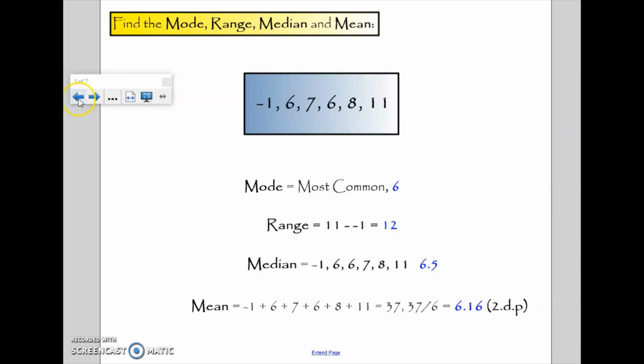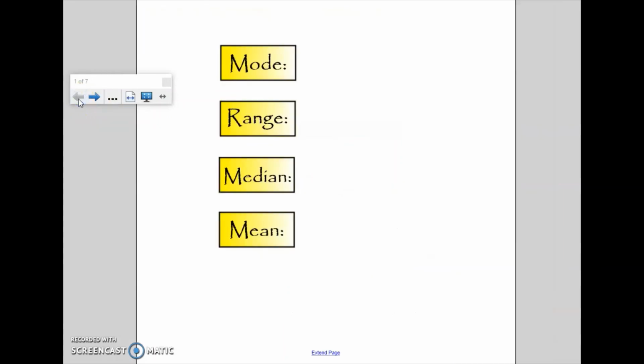Okay, so if we go back to our first slide, we should be able to come up with some definitions of these 4 words. So using Mr. Brown's rhyme, or the explanation that I've given you in this video, could you go ahead and write down a definition of each of these averages?